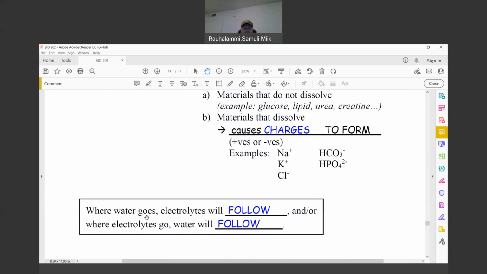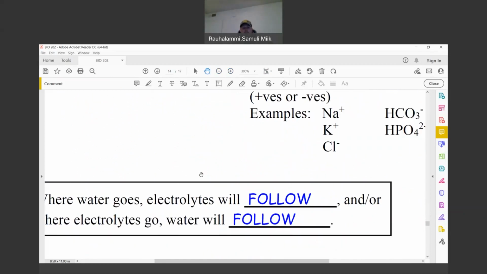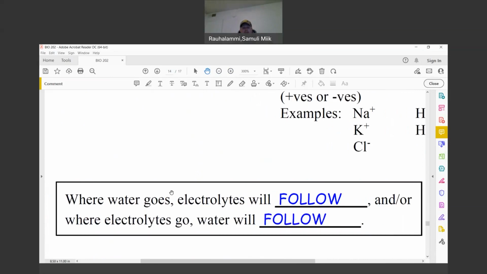If nothing else, the big take-home message from this portion was to remember that water tends to follow electrolytes. So wherever electrolytes go, water tends to follow, and the other way around: wherever water tends to go, electrolytes tend to follow. So these two are interdependent, dependent on each other.